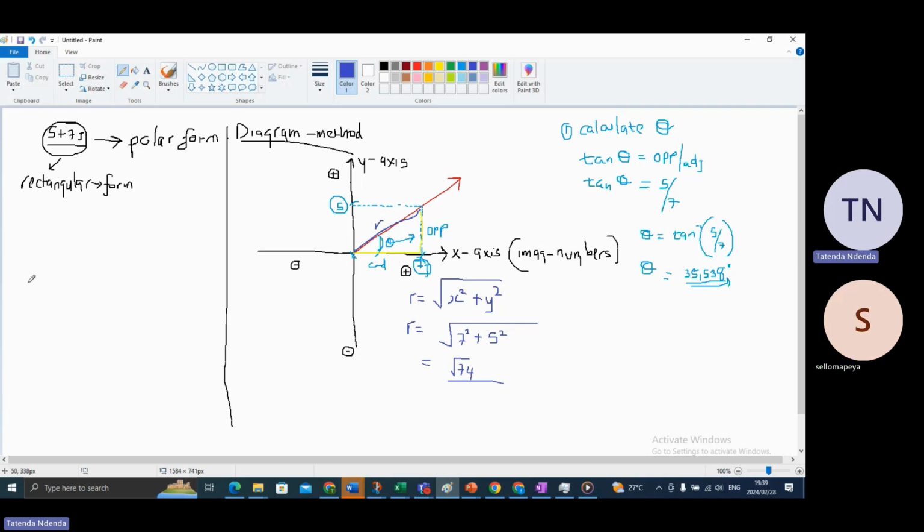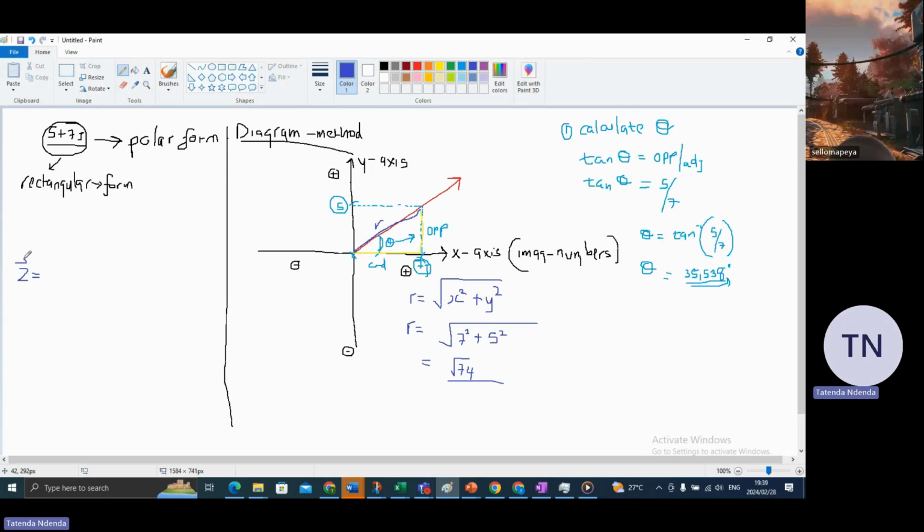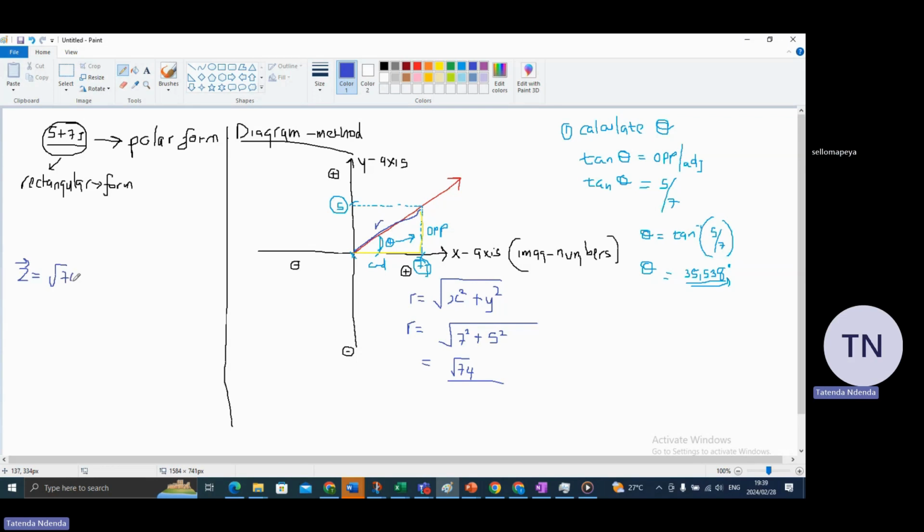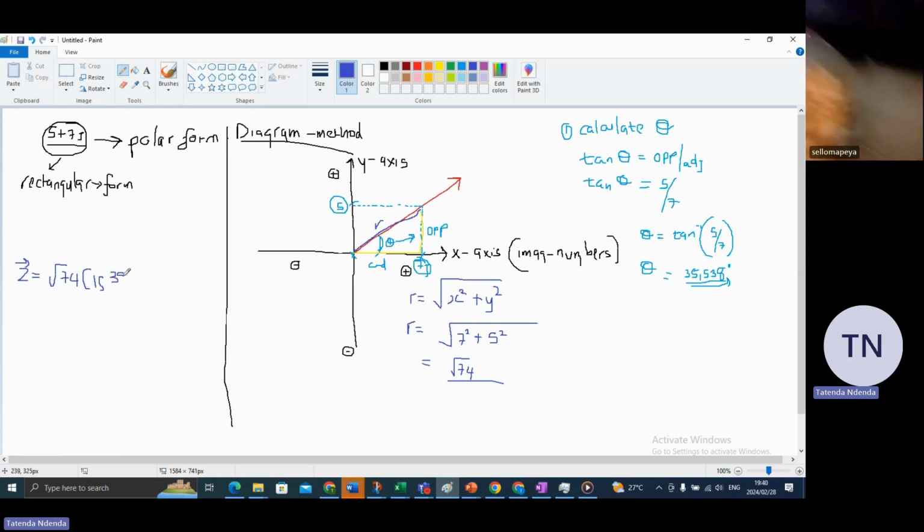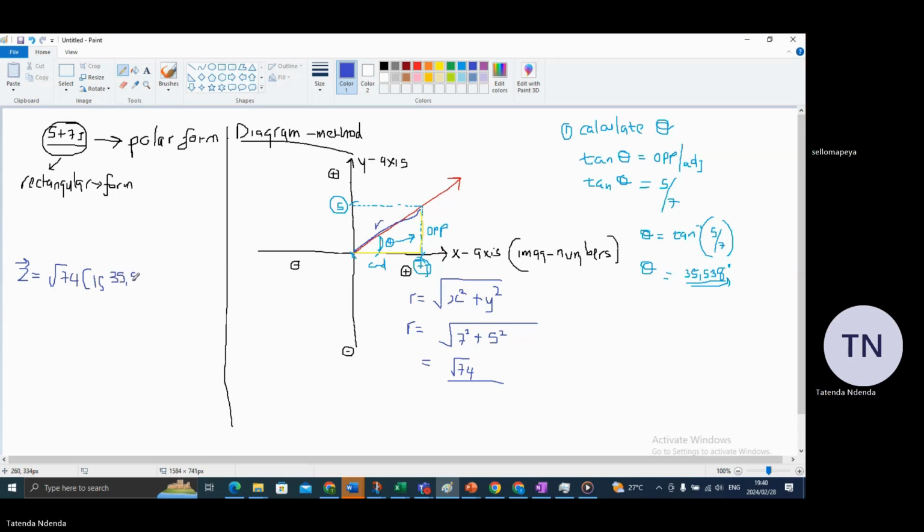So your final answer will be Z is equivalent to root of 74 CIS 35.538 degrees.